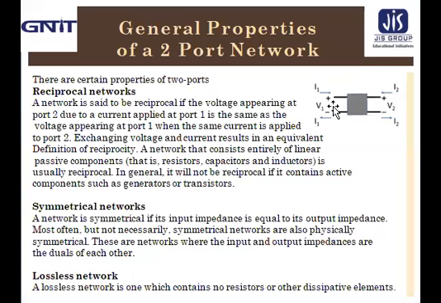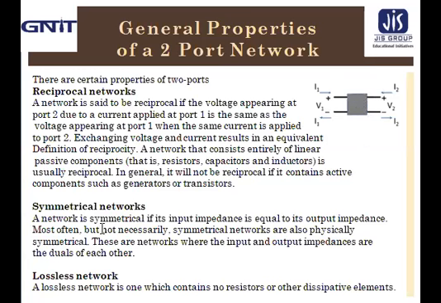Exchanging the voltage and the current results in an equivalent definition of reciprocity. A network that consists entirely of linear passive components, that is resistors, capacitors and inductors, is usually reciprocal. But it will not be reciprocal if it contains active components such as generators or transistors. That means this is a reciprocal network.